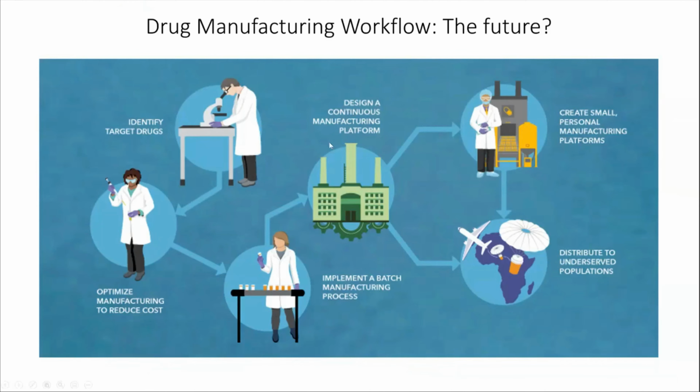Then you design, which is still tough to do, the transition from implementing a batch manufacturing process, which is batch to batch, versus a continuous manufacturing platform. So a continuous manufacturing platform means an assembly line of steps of this synthesis, where one part is not waiting for the previous part.